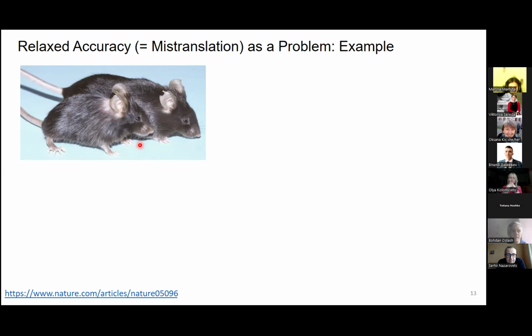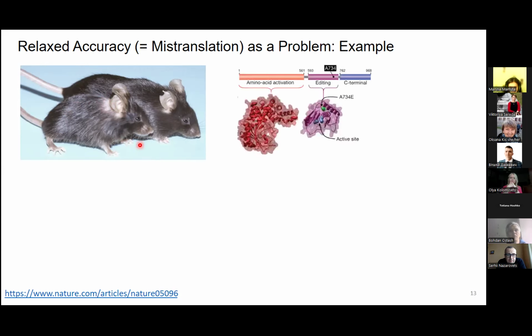As researchers discovered, the problem is in protein synthesis as well. There is one gene that controls production of amino acid charged tRNAs, these small molecules that bring amino acids into the ribosome. So instead of making just one type of amino acid charged tRNA, this protein makes errors and produces the same anticodon but different amino acids.